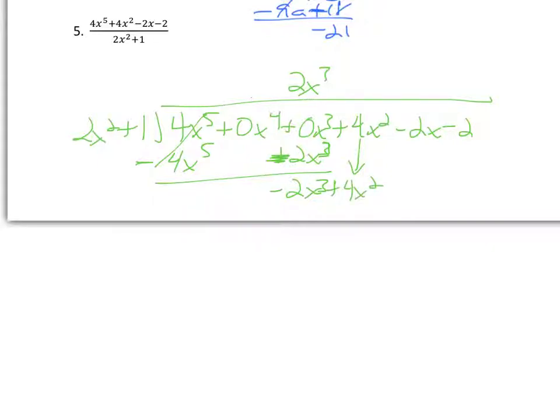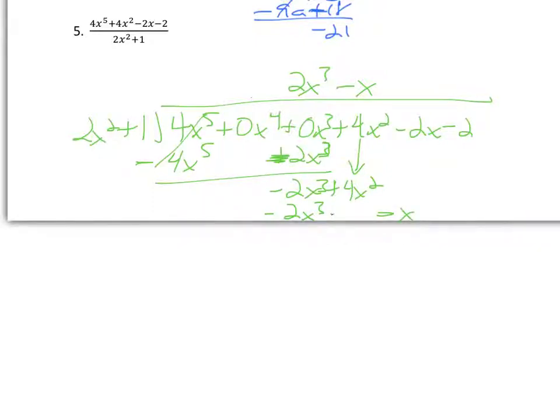Bring down our x squared. 4x squared. And we need to multiply this now by negative x, and we'll get negative 2x cubed minus x. Now notice here that this minus x isn't going to subtract with the 4x squared.